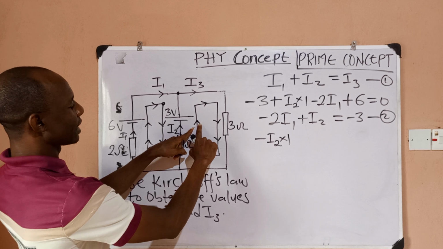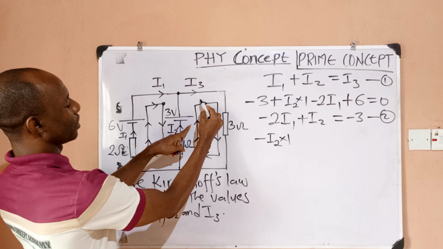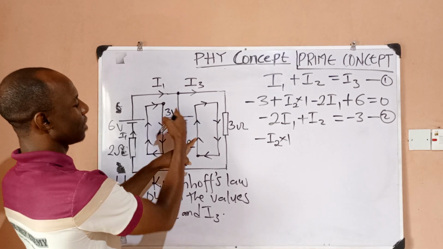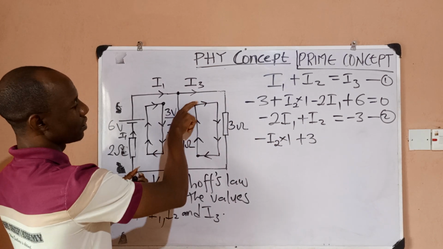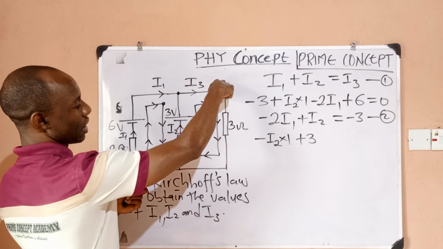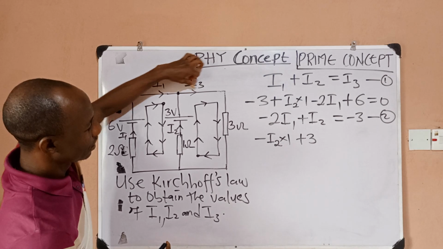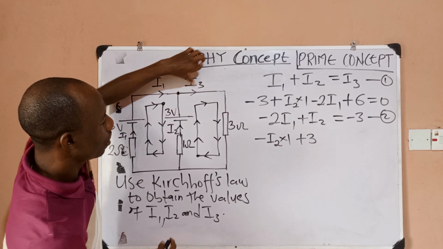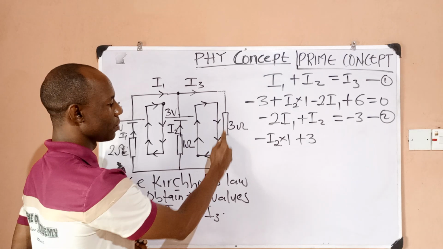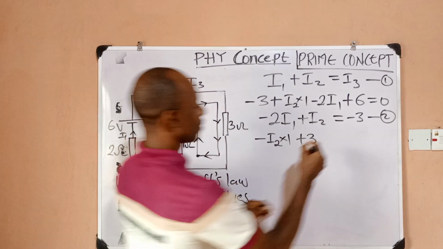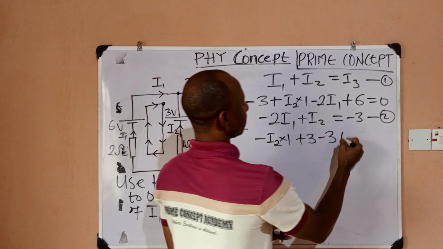Now, our loop is entering through this one and coming out through this point. That is positive, so our EMF is going to be plus 3. If you continue your movement, you turn. This time around, our loop is coming down, and this current is also coming down. Same direction, so the voltage drop here is going to be negative. So I would have minus 3, which is this, times I3.